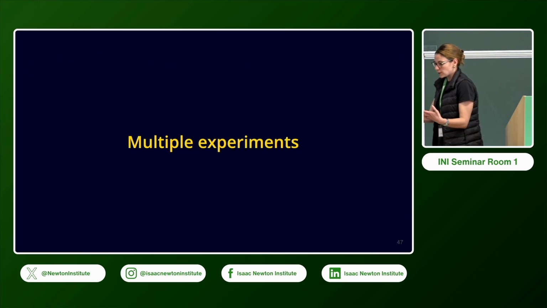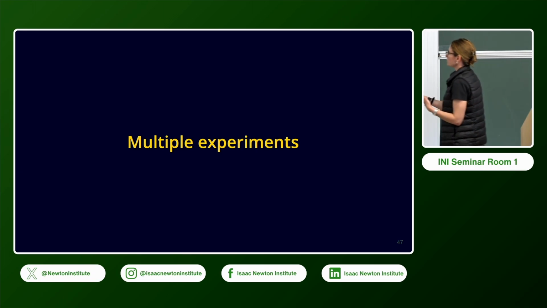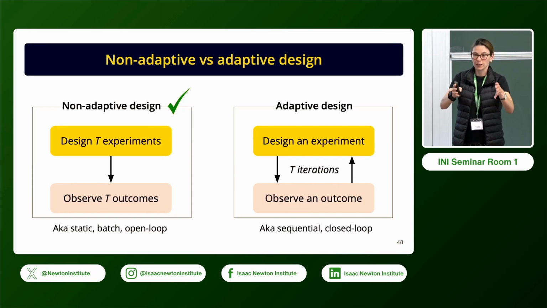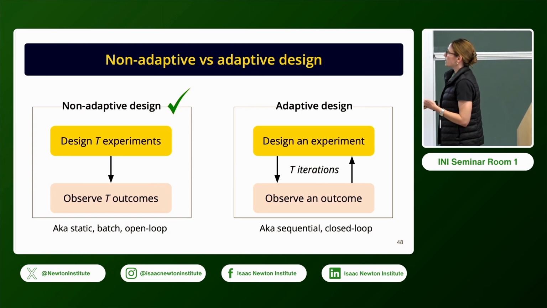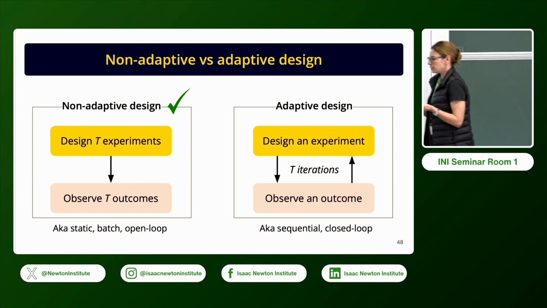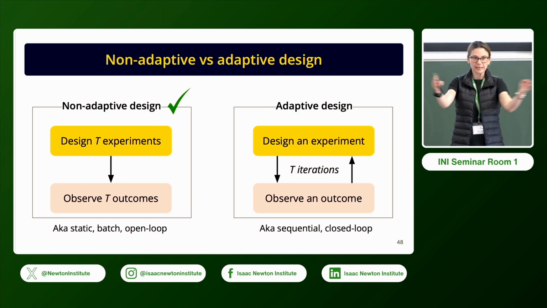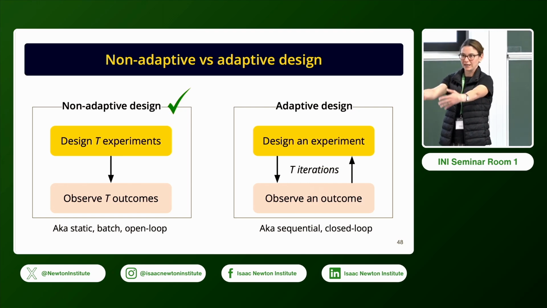Now, of course, very often we actually want to run multiple experiments. And there are two ways in which we can think about conducting multiple experiments. The first one is the non-adaptive design idea, i.e. before we run any experiment, we're going to decide on all of the T experiments that we want to run, and then run all of them in parallel or in batch, right?